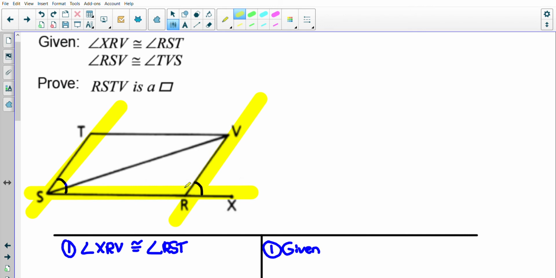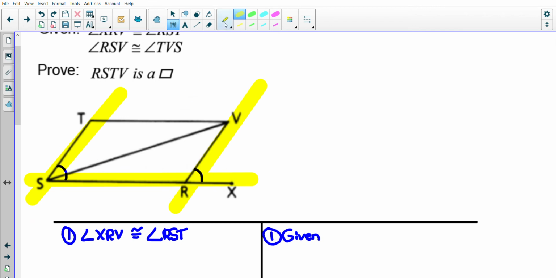Okay, so what I can sort of conclude there, based on that information and based on previous theorems that we've used, is that these are actually parallel. So that's going to be my next statement. Okay, that's what I would put as my next statement. So for statement number 2, I'm going to say that segment ST is parallel to segment RV.